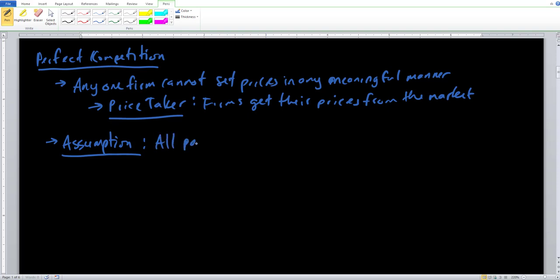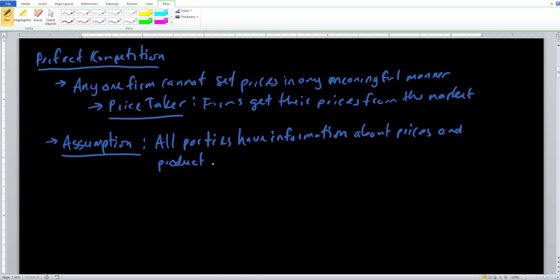The parties that we're talking about here are going to be the firms, suppliers, consumers, and buyers. And all of these parties have information about prices and product quality that they need in order to make informed decisions.